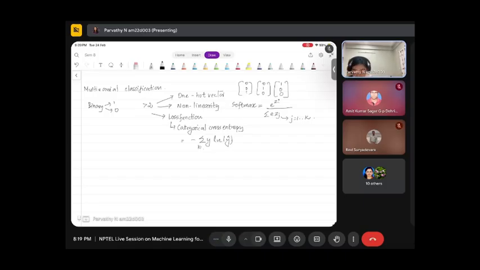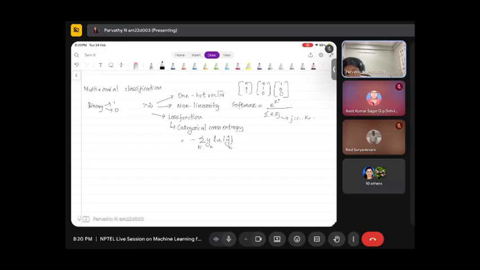So for each class k we find the sum of their y into ln of y hat to find this loss function, categorical cross entropy. So this is for multinomial classification.